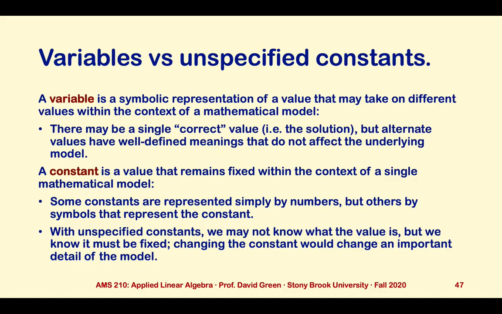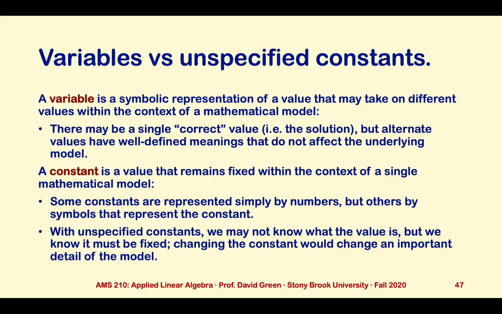Sometimes there's a single value that we're trying to find, a correct value that's the solution, but we can plug in different values and it doesn't change the meaning of the model. That we can change the value of a variable and the underlying model doesn't change its meaning or its structure. A constant, on the other hand, is a value that remains fixed within the context of a single mathematical model.